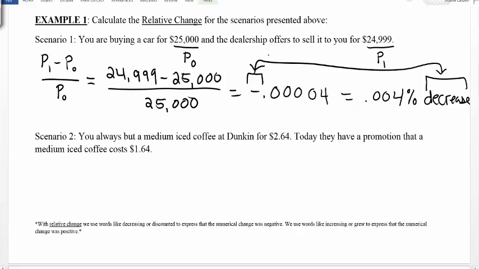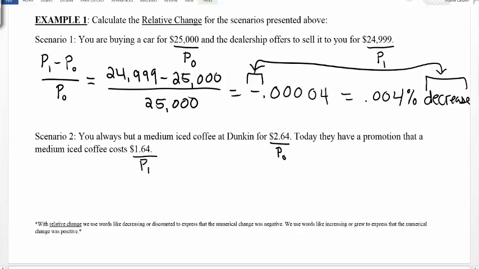Now let's consider the second scenario. So our iced coffee that's normally $2.64, so that's our original price, today has a promotion where we're going to get it for $1.64. So that's my new price.